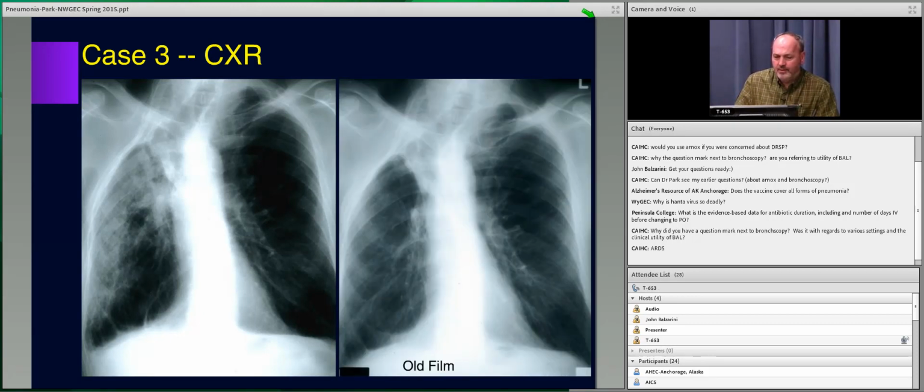So here's his PA and lateral film. Man, this is a very abnormal X-ray. And what I couldn't figure out is how much of this could be scarring from the TB and the thoracoplasty versus something new related to his present illness. But we found an old X-ray. There it is.